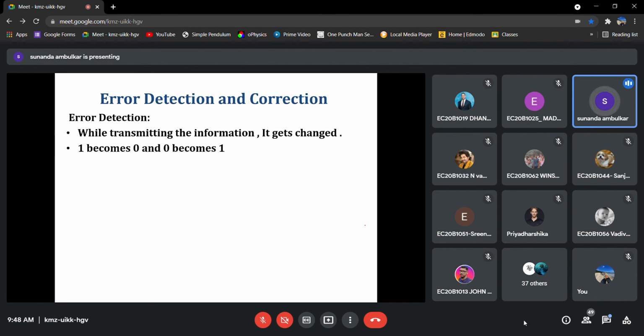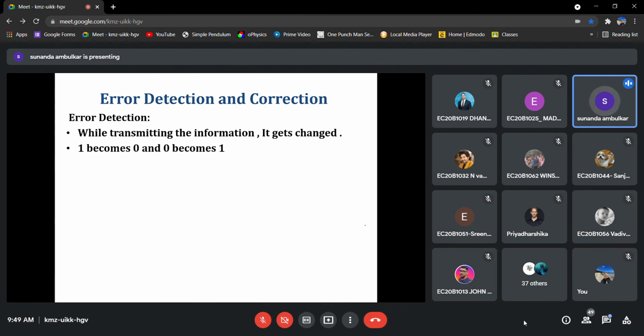So certain bits, if the valid data contains 0 at some position, it will convert into 1, or if it contains 1, it will convert into 0. That will be the error we receive.